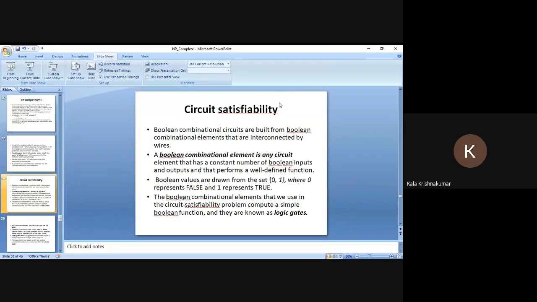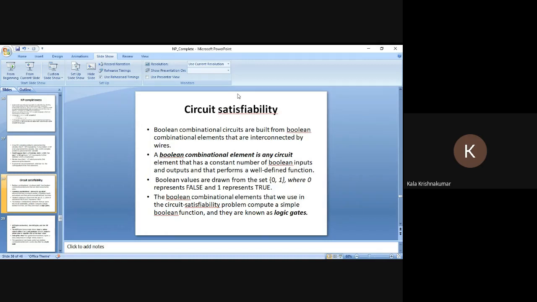So what we are trying to do is prove at least one problem as NP complete, and we use polynomial time reducibility as a tool to prove NP completeness for other problems. So we are proving that the circuit satisfiability problem is NP complete, and we are using polynomial time reducibility to reduce this to other problems, any other problem.